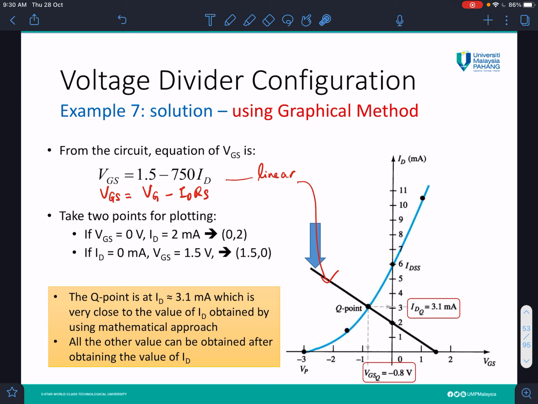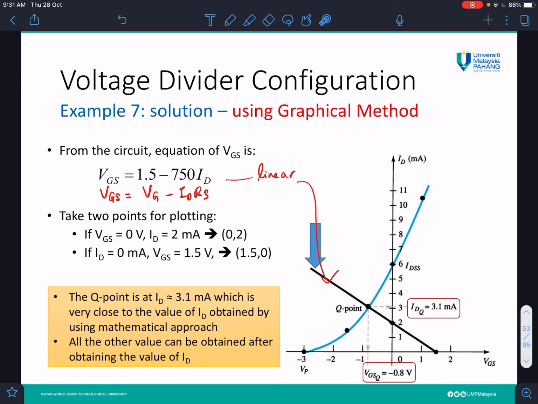After that, find where the line intersects the curve, and we call it the Q point. Then we get the IDQ and VGSQ from the graph.